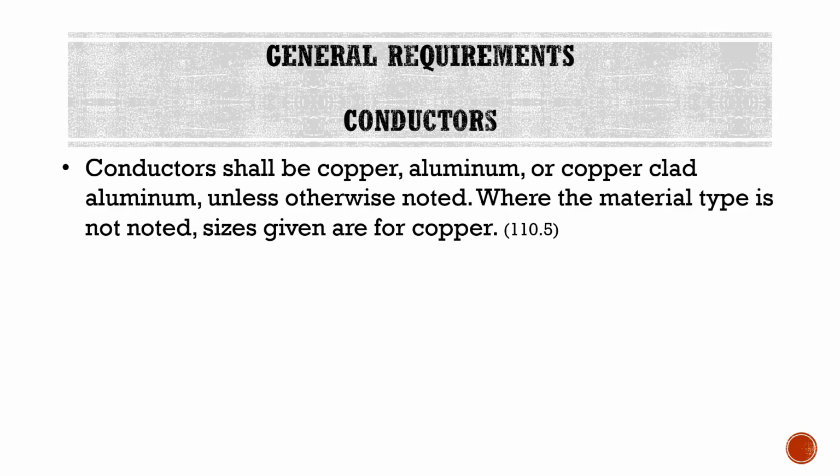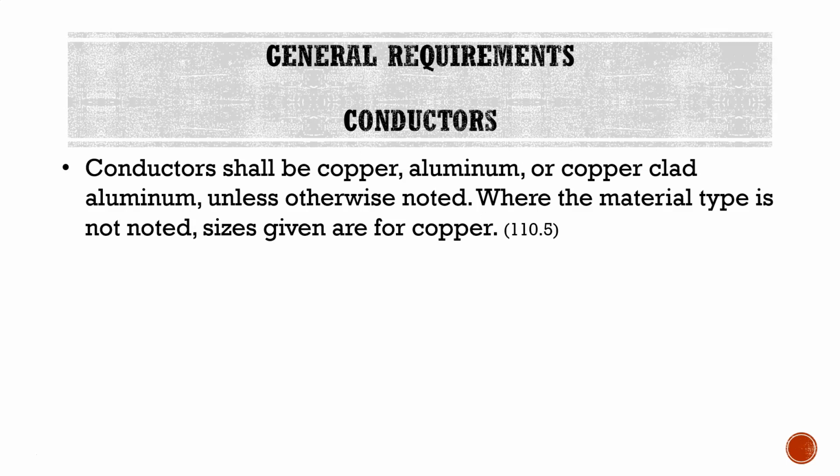In other words, if the NEC tells us a size conductor, whether it be a number 6, a 250 kcmil, whatever it may be, if the NEC does not specify that that is copper, aluminum, or copper-clad aluminum, then we have to assume that that size is meant for copper.